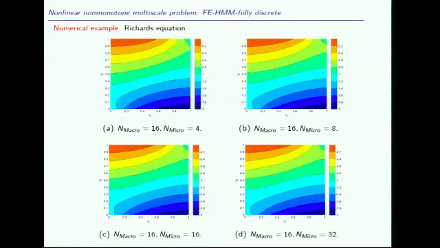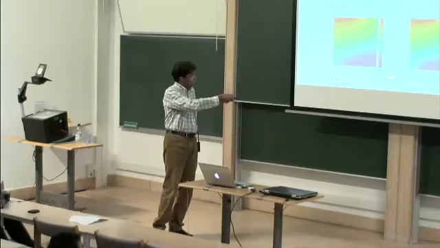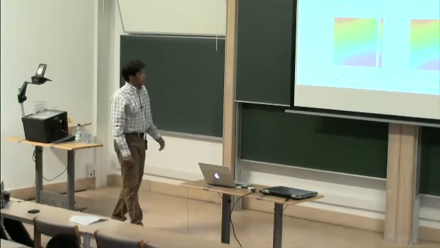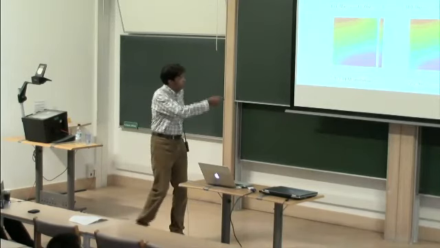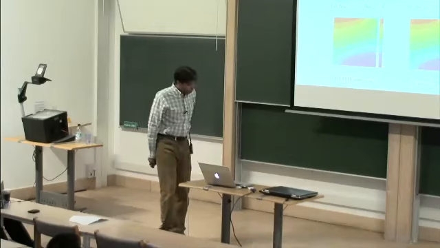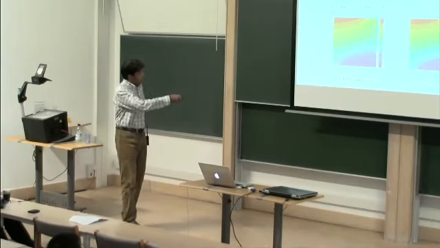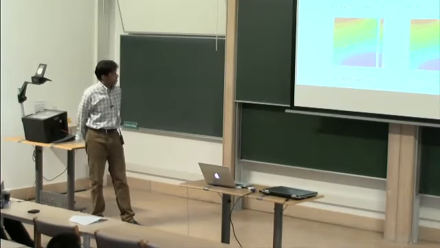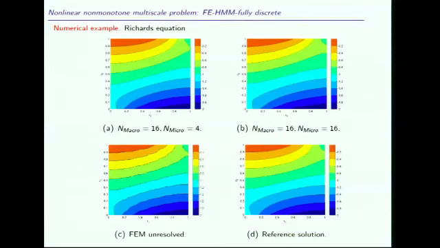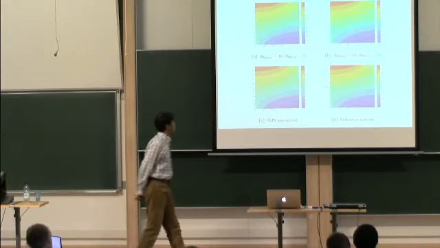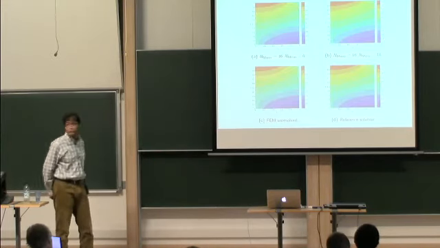With low microscopic degrees of freedom, you don't have at all the exact behavior, and then when you increase the microscopic degrees of freedom, you converge to something which does not change anymore. And if you compare that to the reference solution, it behaves well. On that side of the picture, I just put a FEM, finite element method, with unresolved microstructure, again to stress that this doesn't give the right result.